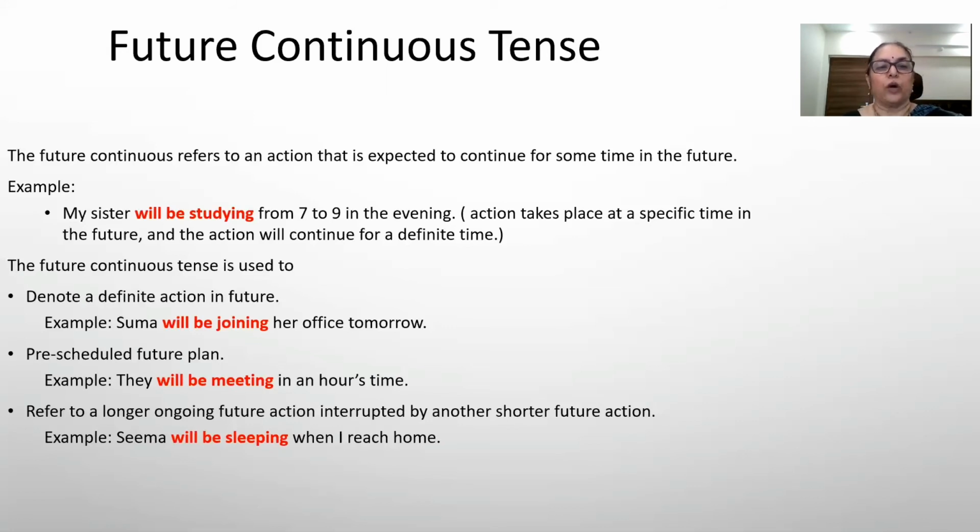And to refer to a longer ongoing future action interrupted by another shorter future action. Seema will be sleeping when I reach home. She will be sleeping when I reach home, and then interrupted by another shorter future action. So when I reach home, she will be sleeping. That will be interrupted. Okay, children. So this is about future continuous tense.